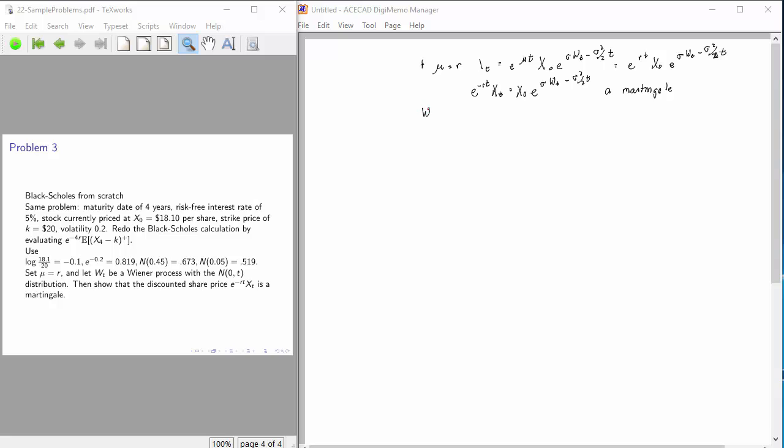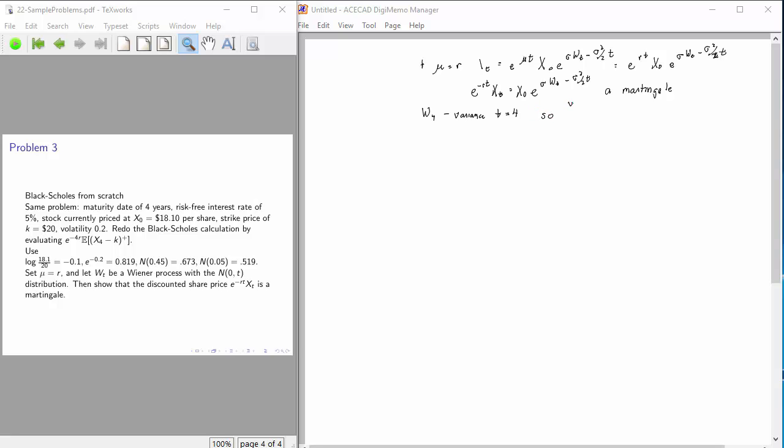What about W_T for 4 years? Well, that has variance equal to t, which is 4. I picked 4 because it has a nice neat square root, namely 2.